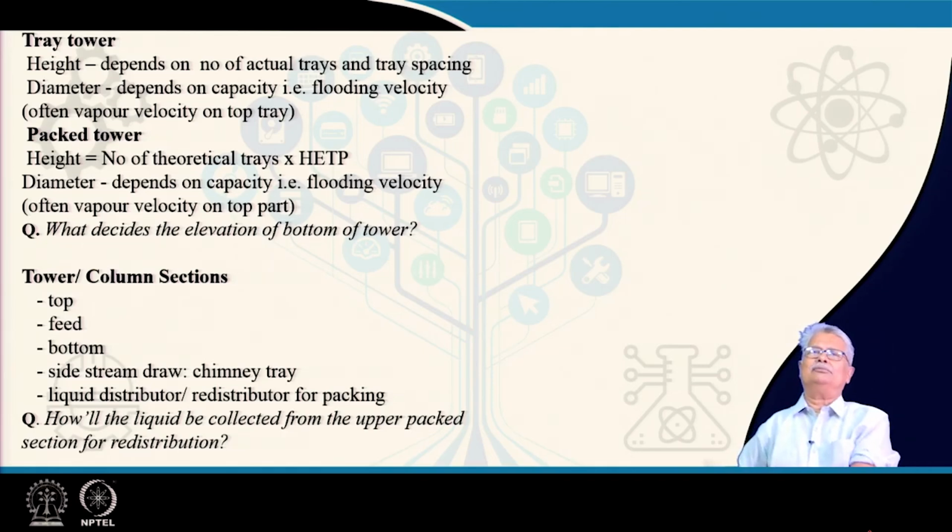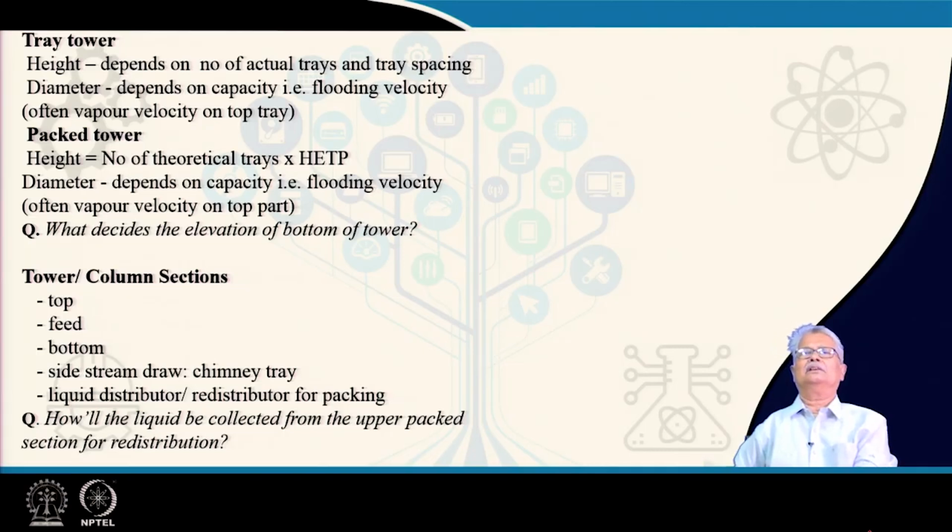We took a look at the main features of the tray tower, the height, which depends on, in fact, this is a recapitulation, the number of actual trays that are to be provided and the tray spacing, which in most of the cases will not be uniform all through. There will be two sets at least. Some trays, for example, like the feed zone and the top one will have different tray spacing.